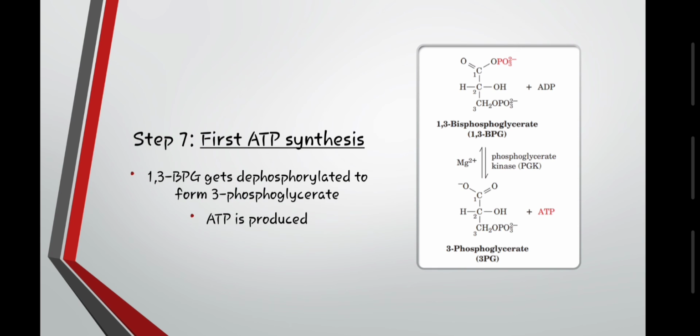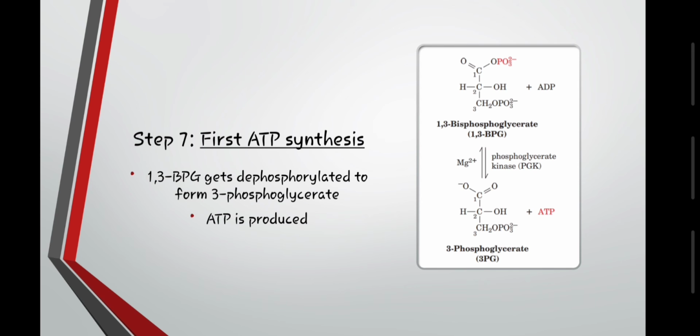In reaction number 7, we now start producing ATP. So don't be confused: energy was already being produced, but this is energy in particular, ATP. This is the first ATP synthesis.